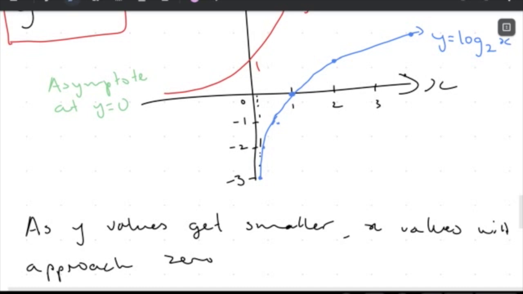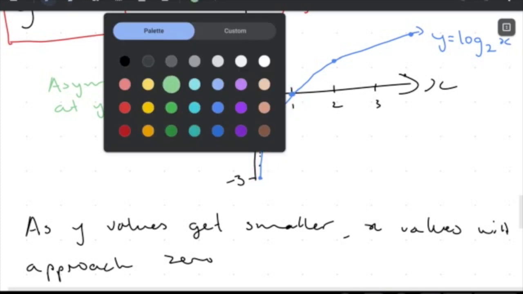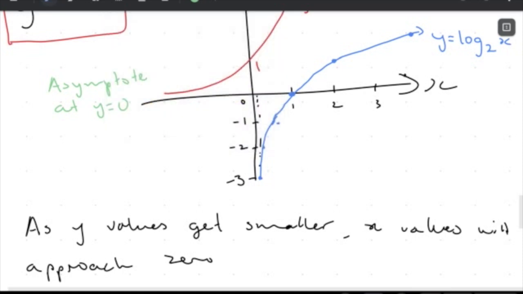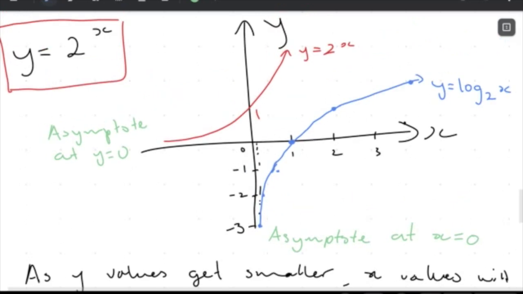So we can say over here, down the bottom, as y gets smaller, my x value approaches 0. It looks like this is getting really, really close to the y-axis, but never touching it. We're getting this fraction thing happening again. So we have an asymptote at x equals 0, because it's never going to reach a value of 0 for x. It's just going to keep halving and halving and halving.